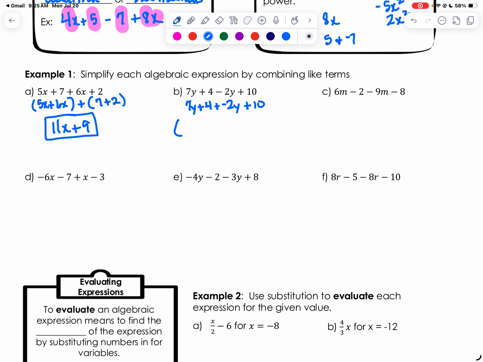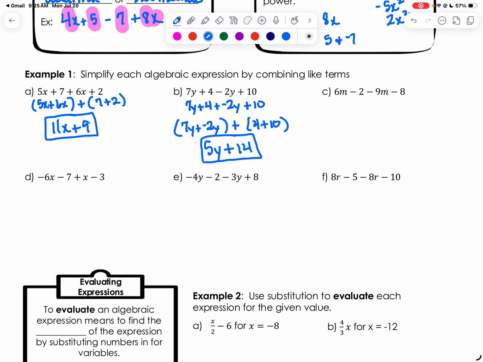And now I'm going to combine the like terms, 7y plus negative 2y, and then 4 plus 10. So 7y plus negative 2y is positive 5y, and 4 plus 10 gives me 14. 5y plus 14.